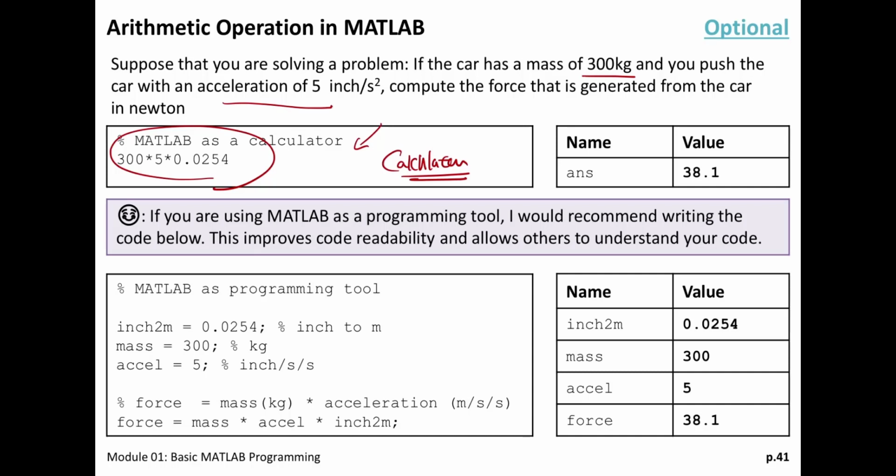However, if you're using MATLAB as a programming tool, I'd recommend writing the code like this. You define three numeric variables, and then assign the values. With this comment symbol, you can put a comment that refers to what it means, and their units: kilogram, inch per second squared, and then this is the inch to meter unit conversion, right?